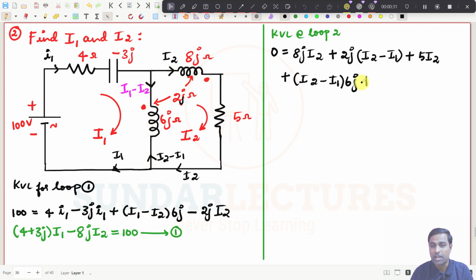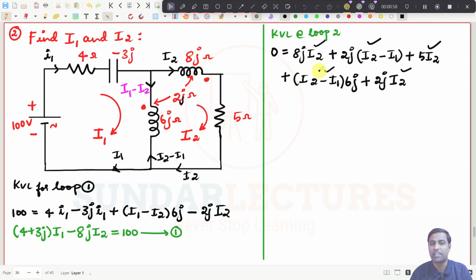So I have to put plus the mutually coupled reactance, that is 2J. What is the current in this coil? It is I2. That's all. I have written the voltage equation for this coil: this is self-induced, this is mutual induced, and this one is simple. It is like voltage, right? Once I've written everything.